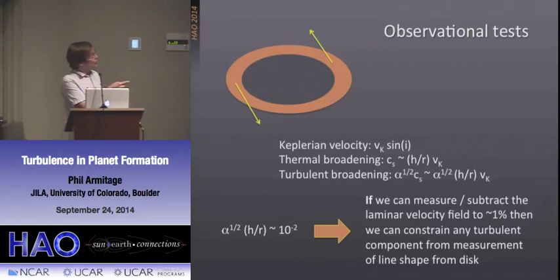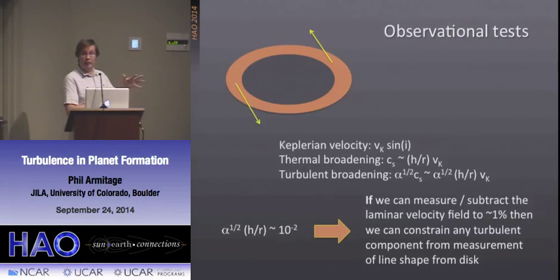Now, there will also be thermal broadening, which will depend on the sound speed, and the sound speed is the thickness of the disk divided by the radius times this Keplerian velocity from the requirement that the disk be in hydrostatic equilibrium. So typical protoplanetary disks have this parameter of maybe 0.05 or 0.1. So the thermal broadening is going to be, depending on the inclination angle, maybe a factor of 10 or 20 less than the Keplerian velocity.